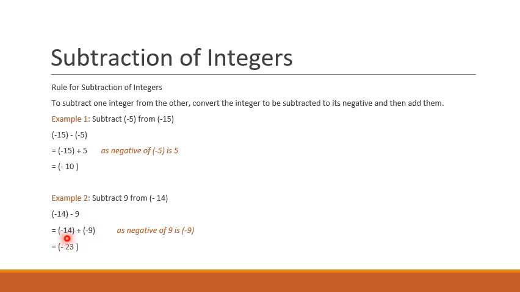Now we have minus 14 plus minus 9. Both the numbers, they have same sign. So we add their numerical values. So 14 and 9 added gives me 23 and we keep the sign as it is. So it is minus 23. So we'll get answer is minus 23.